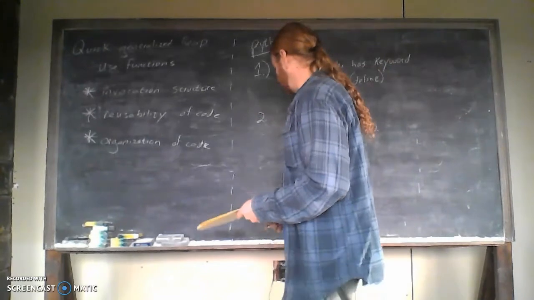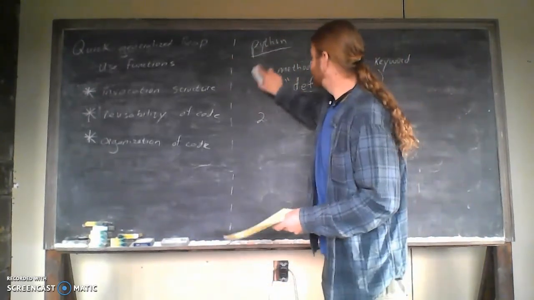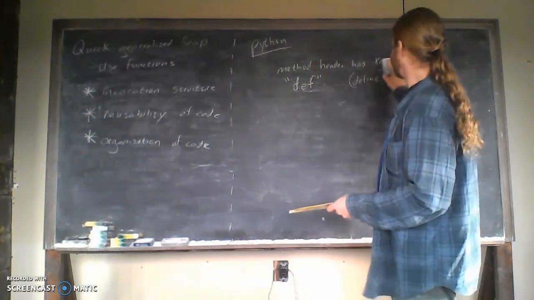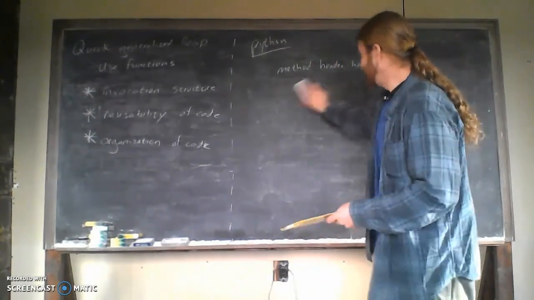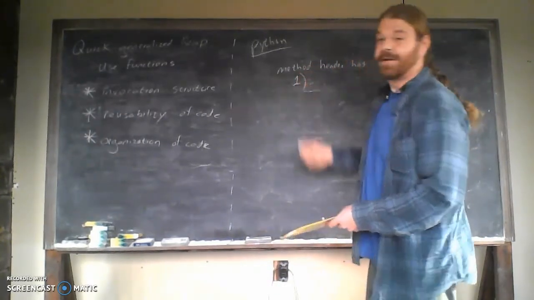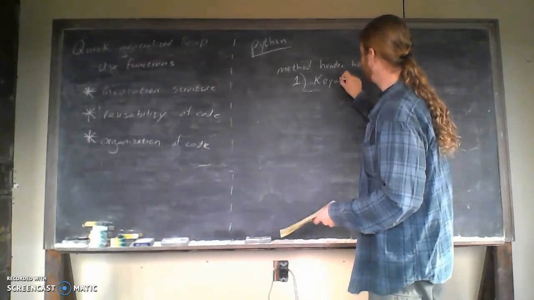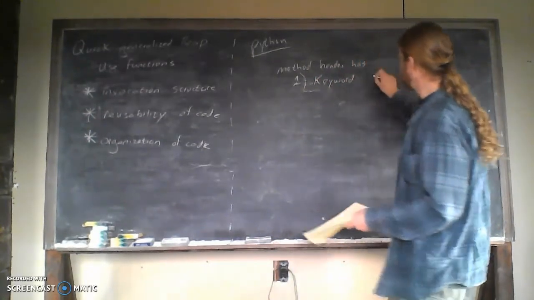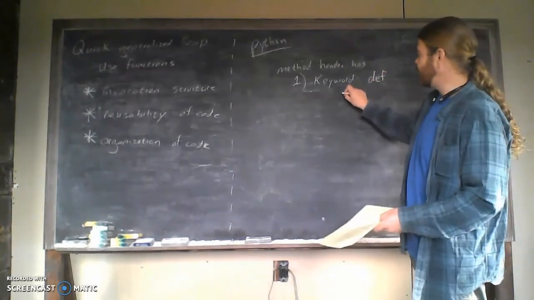Two, I'm going to adjust this list here slightly. Everything I have on this list here goes in the method header. So the method header has, first off, the keyword def, which means define.